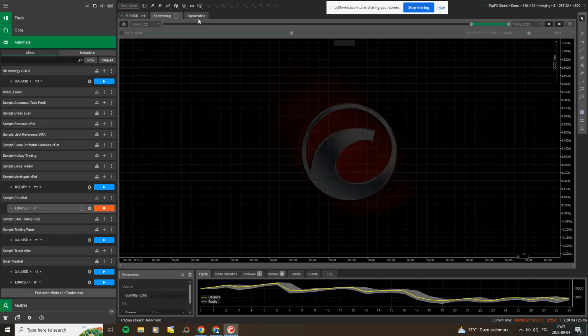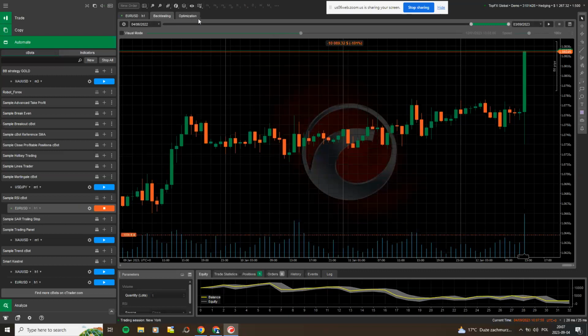When you optimize, you choose the data for the chart. We will choose either 1 minute bar data, which sets the spread as a fixed value, or the tick data, which includes the historical spread.